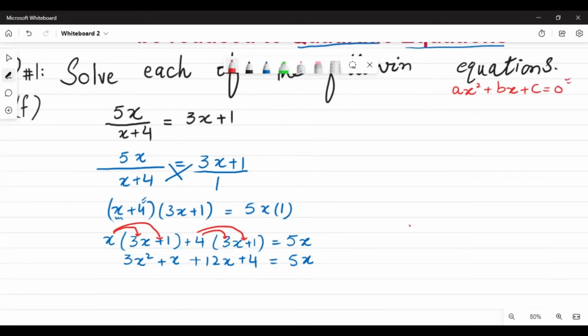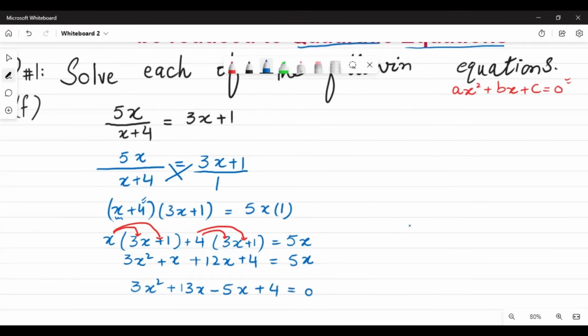Its right side must be 0. So shift this 5x to that side and keep the right side equal to 0. 3x squared, 12x plus 1x is 13x, minus this 5x and plus 4 equals 0.